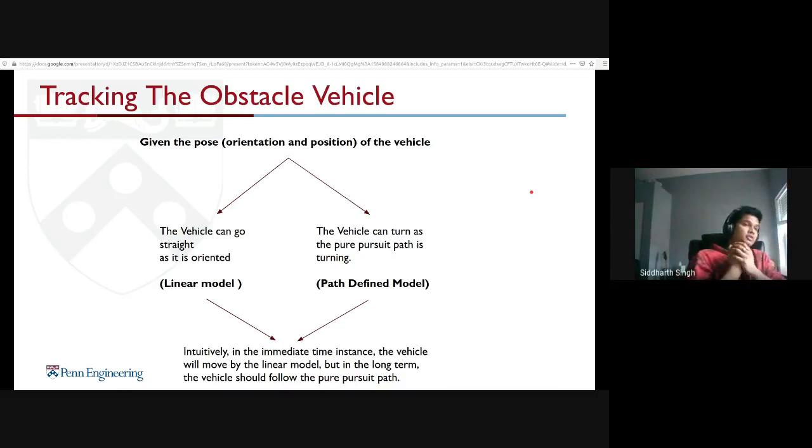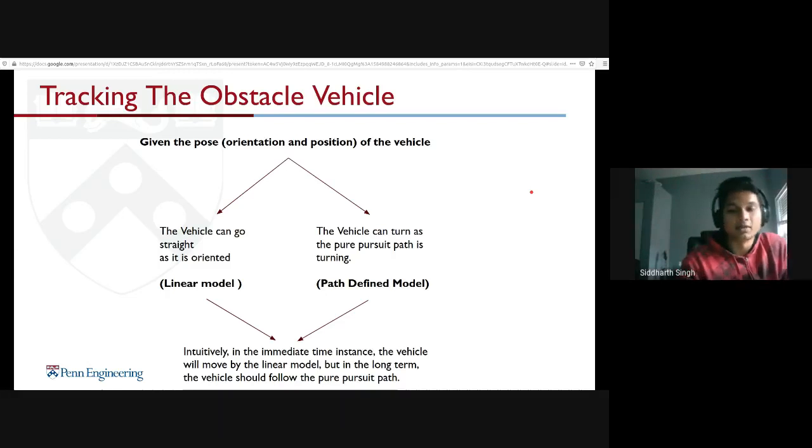Intuitively, at the current time instance, the vehicle more often than not would move according to the linear model, but in all possibility, it would try to follow the pure pursuit path as time evolves. It's more like inertia: if I'm currently in a state, I would try to stay in that state. But if somebody is forcing me, which is the pure pursuit path, to be in its state, I would eventually go into that state. But at the current time instance, I would try to be in my own state only.